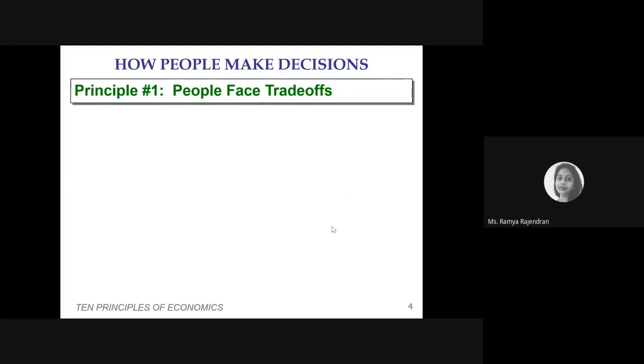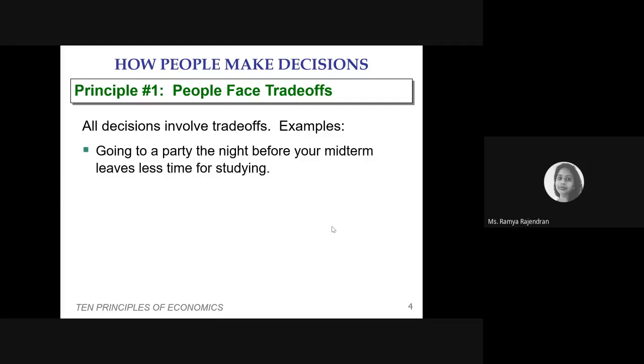The first one is: people face trade-offs. There is a saying, there ain't no such thing as a free lunch. So you always have a trade-off in your life. Every decision has a trade-off. For example, imagine you want to go to a party before your midterm exams.